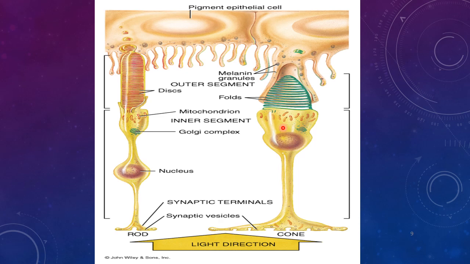These cone cells are going to have 3 different types of iodopsin, which are responsible for the sensitivity to different colors, as red, green or blue colors have maximum sensitivity by these cone cells in the human retina.